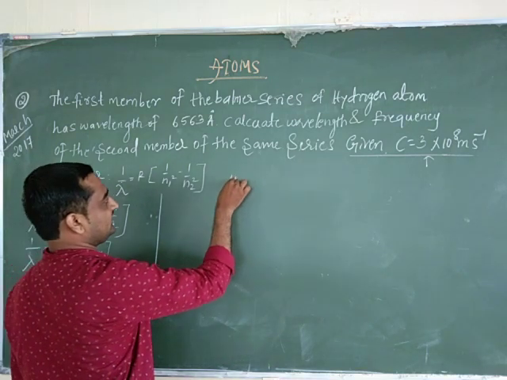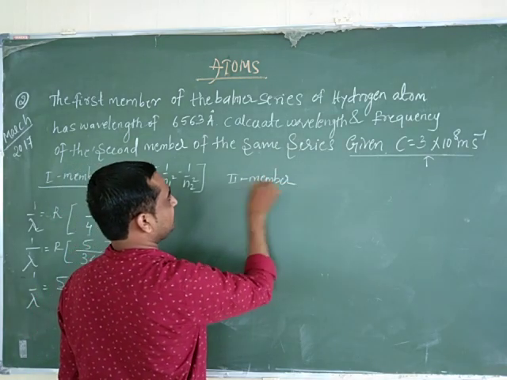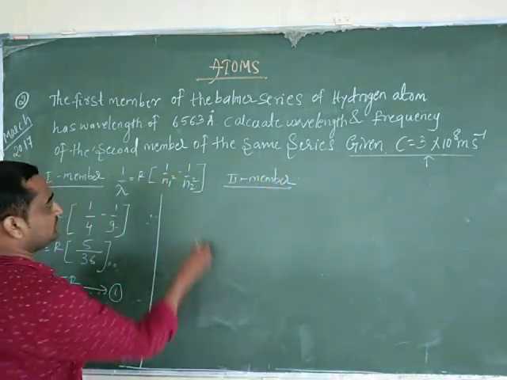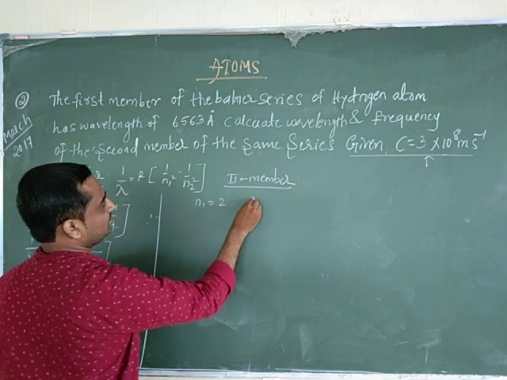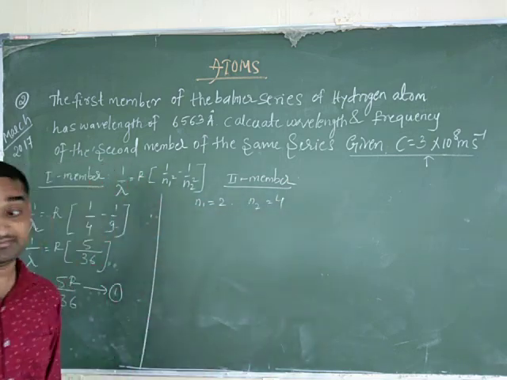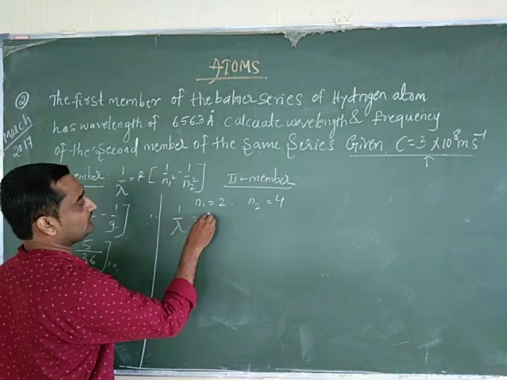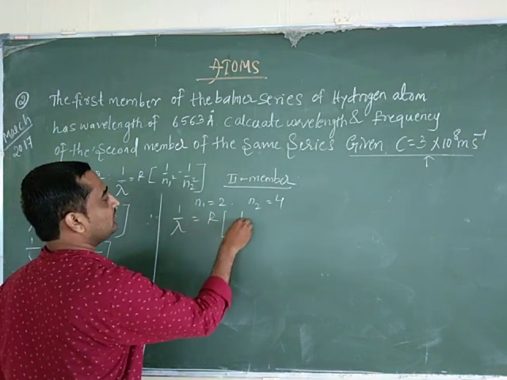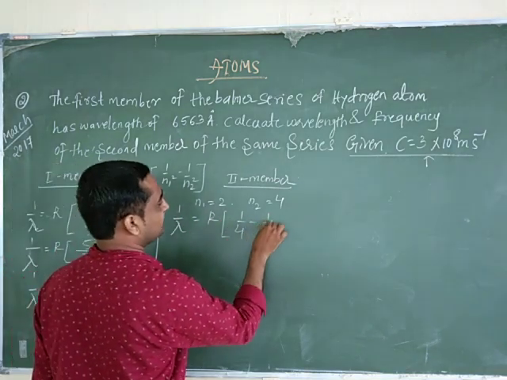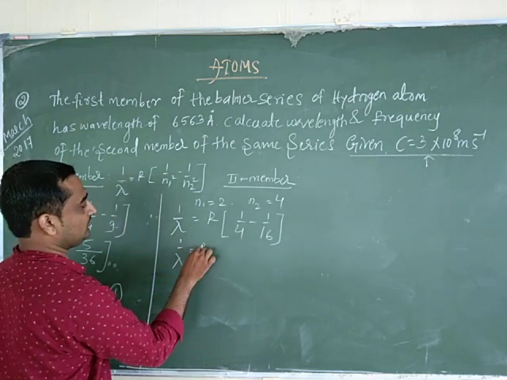For the second member, what is the value of n1 and n2? n1 is equal to 2, it is the same, and n2 is equal to 4 for the second member of the Balmer series. Again 1 divided by lambda is equal to R into 1 divided by 4 minus 1 divided by 16.